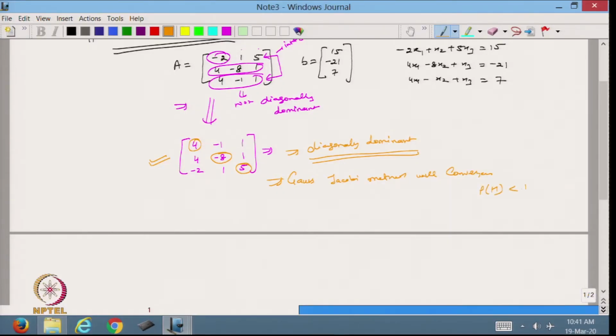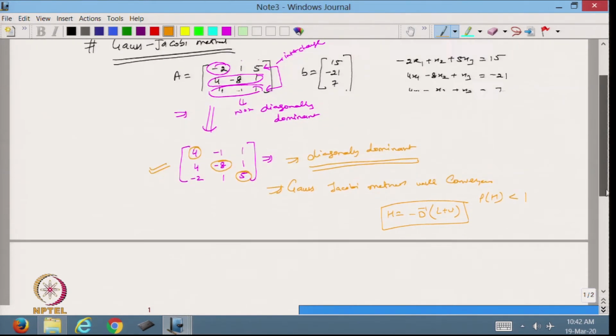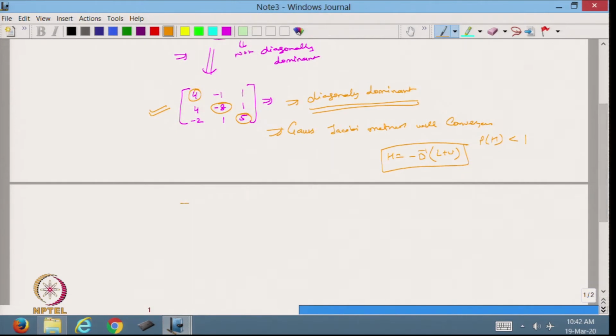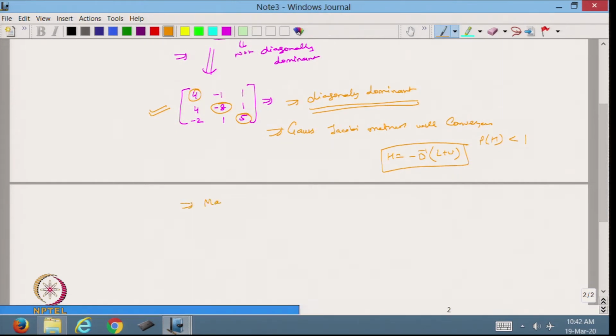The spectral radius will be less than 1 for the Gauss-Jacobi method, where my H is equal to minus D inverse times L plus U. So that is my corresponding matrix. So now I am going to deal with the MATLAB code for Gauss-Jacobi.